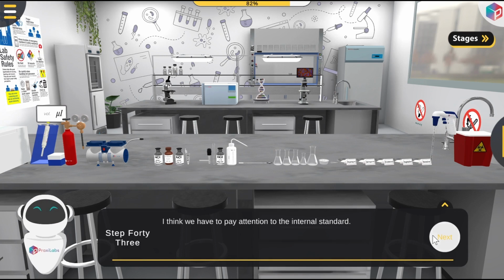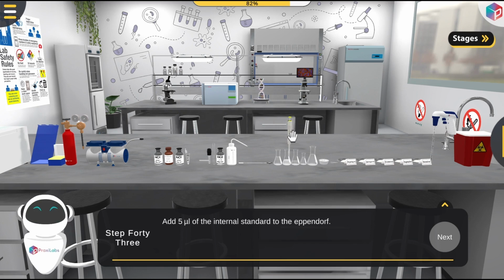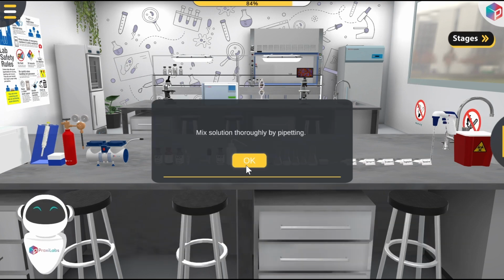Step 43. Add 5 microliters of the internal standard to the Eppendorf. Mix thoroughly using a pipette.